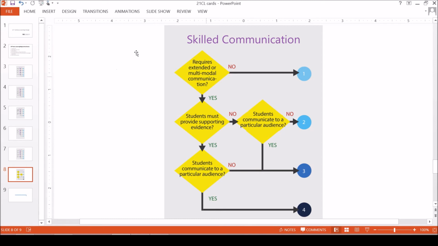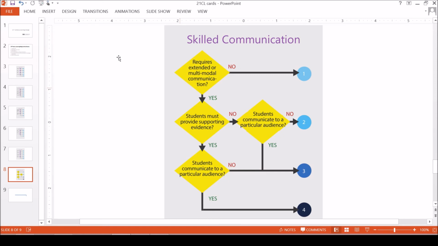And the first question asks whether or not the activity requires students to participate in extended or multimodal communication. Extended communication refers to something longer than a short response, something that's not just a sentence or two, a paragraph or two, but something that the students actually have to put a little thought into and actually have to develop.